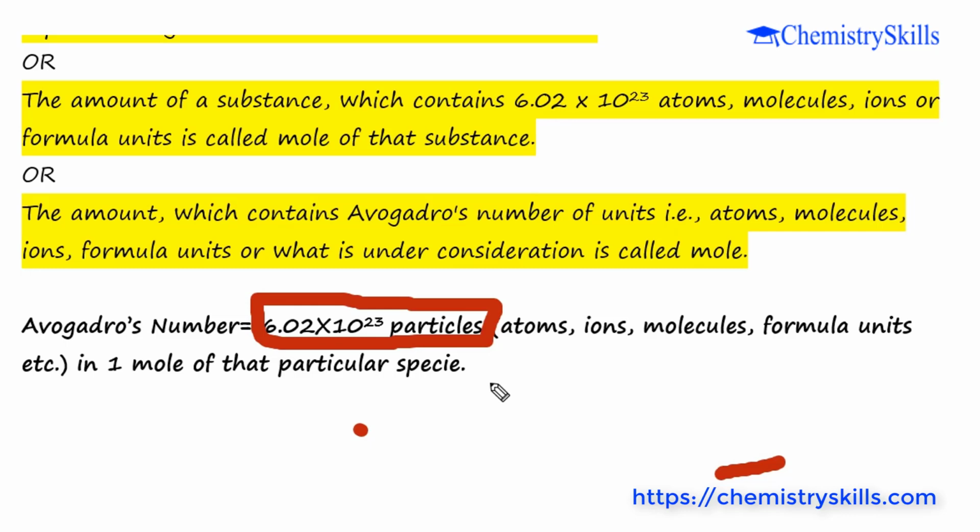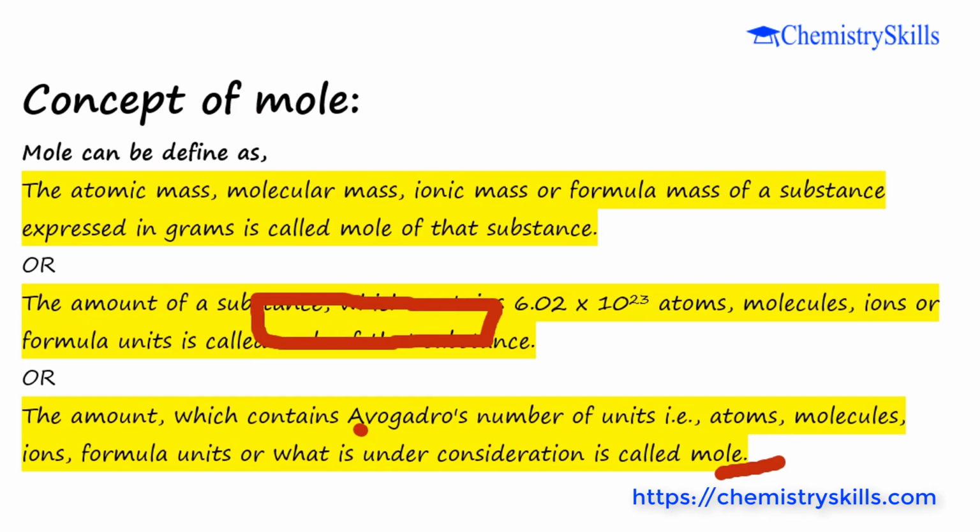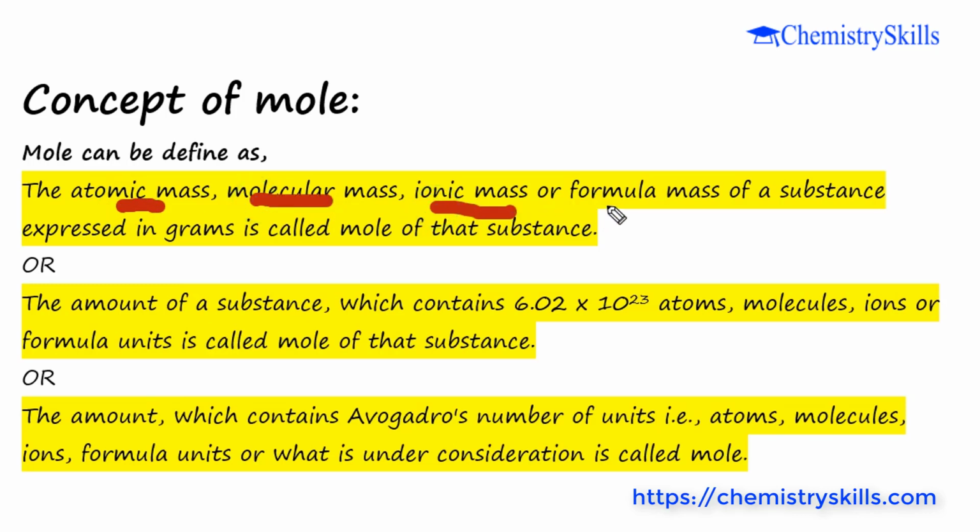if it has 6.02 × 10^23 particles, its unit will be termed as 1 mole. Or simply, as I discussed in the very first definition, what is that definition? Please concentrate on it. The atomic mass, molecular mass, ionic mass or formula mass of a substance expressed in grams is called the mole of that substance.